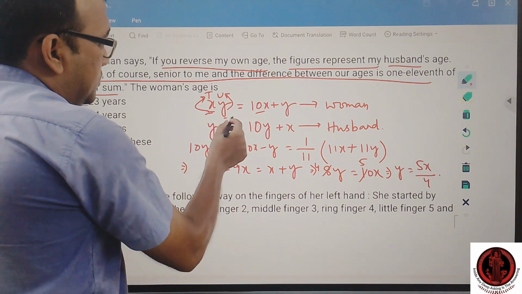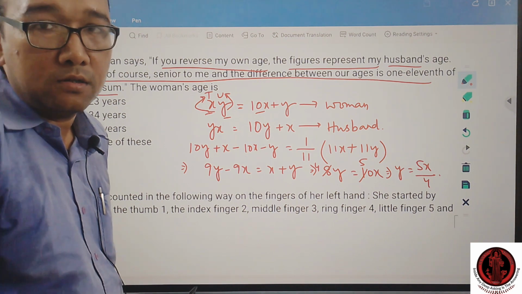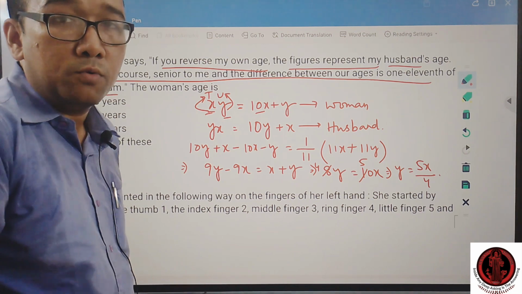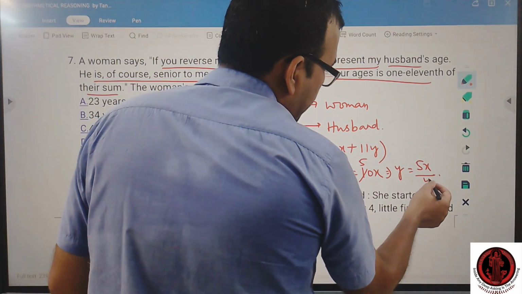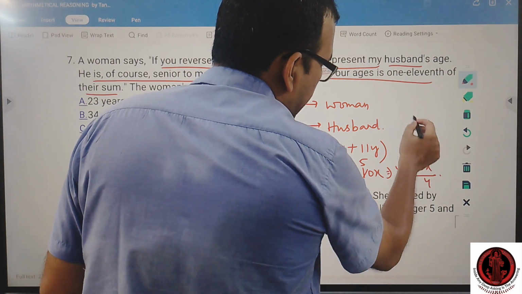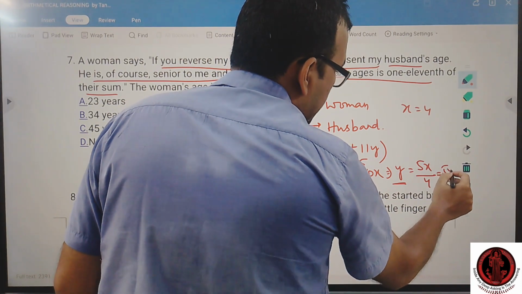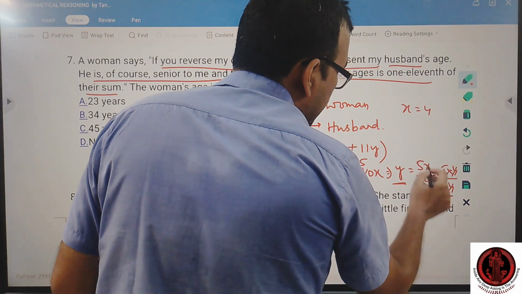Now x and y both represent the age of the woman and the husband, so x and y both should be integers. For what value of x will y be an integer? If x is 4, then 5 into 4 by 4, so y equals 5.